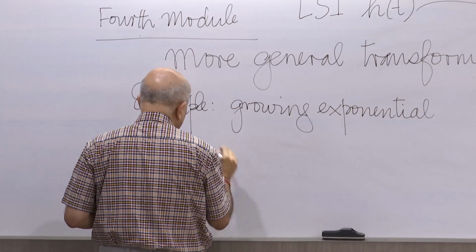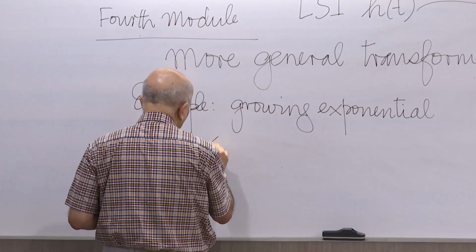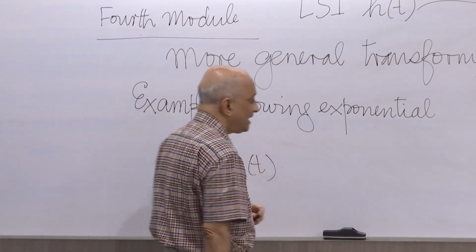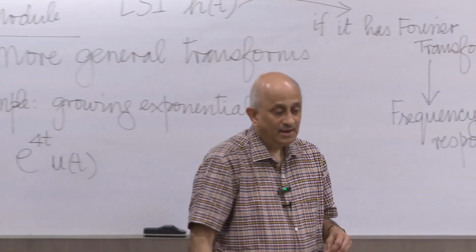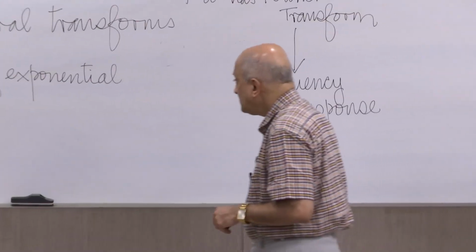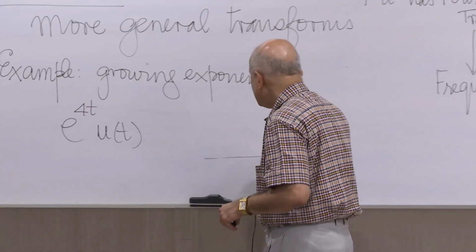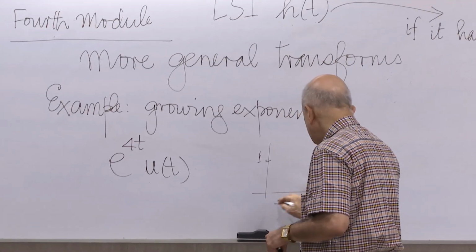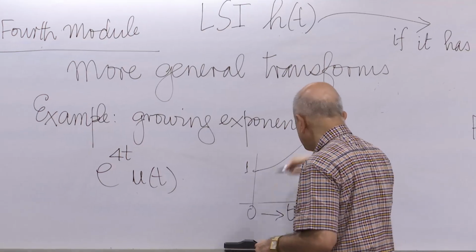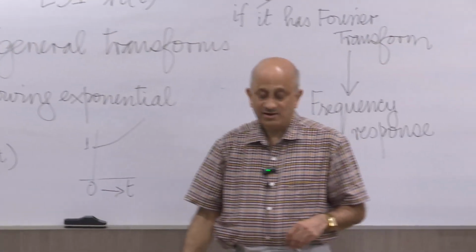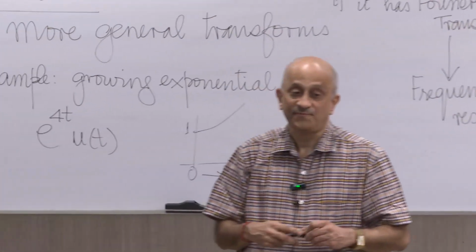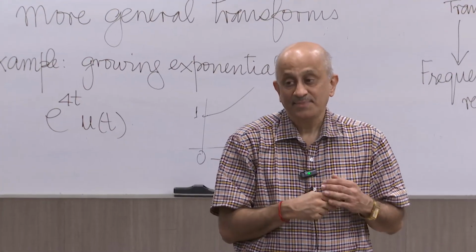So, let us take e raised to the power 4 u(t). Now, e raised to the power 4 u(t), of course, begins with 1 at t equal to 0 and grows, and the Fourier transform does not converge at any value of the frequency, right.